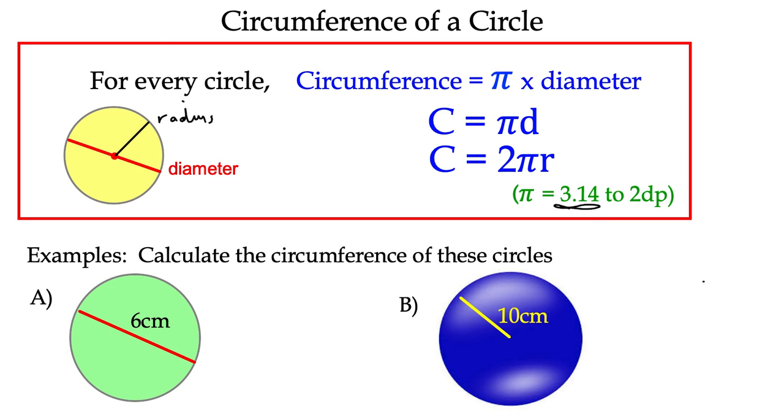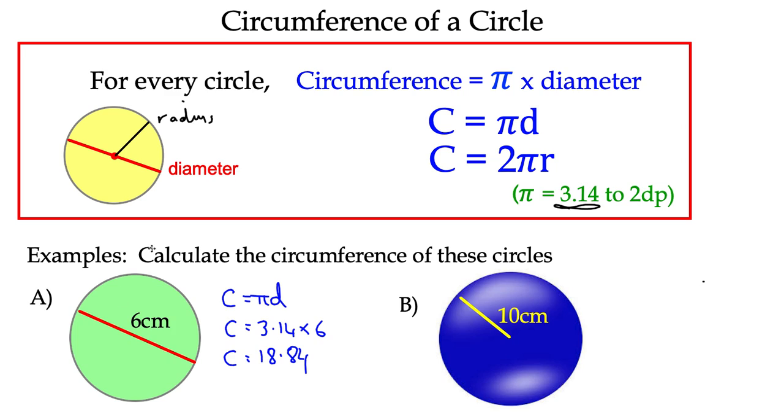We're trying to calculate the circumference of these circles. So example A, we've got a diameter of 6 centimeters. Therefore, we can write down the formula C equals pi times d. So the circumference is, we swap in for the symbol pi, 3.14, multiplied by the diameter, which is 6. You could use a calculator. 3.14 multiplied by 6 is 18.84.